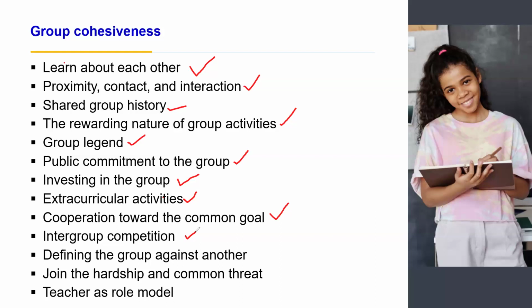Another thing that can help intergroup competition is identifying what the strengths are and what powerful tool helps the group win against other groups. And the next one is defining the group again.